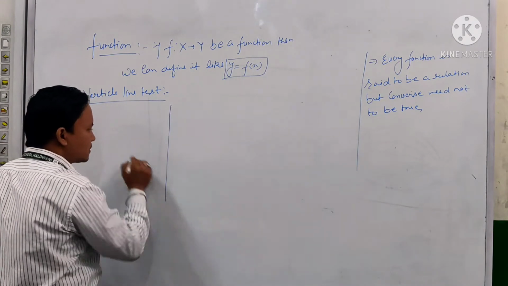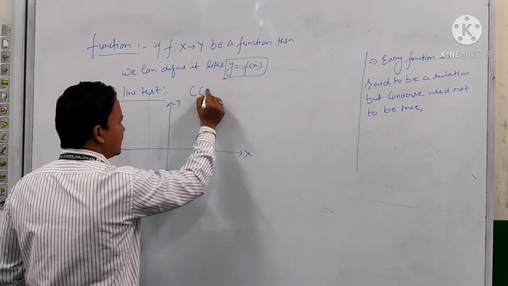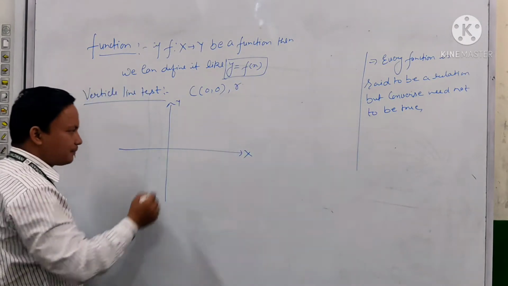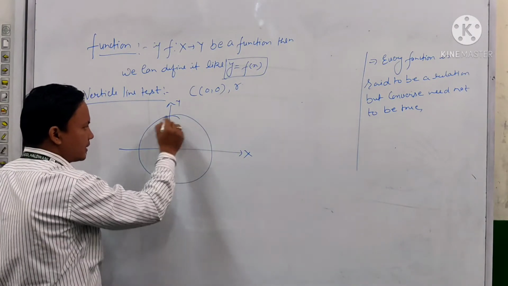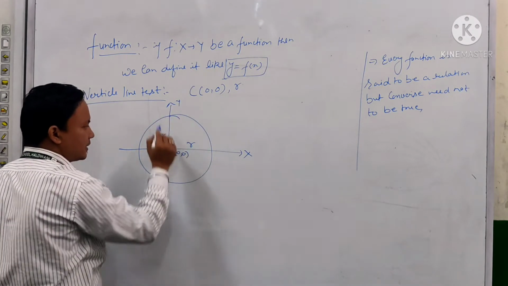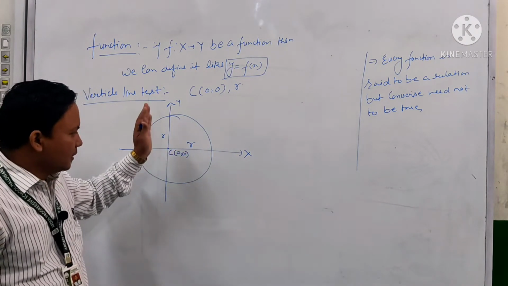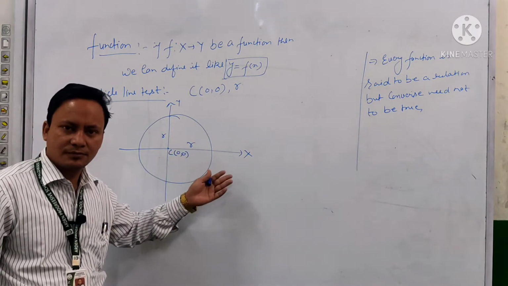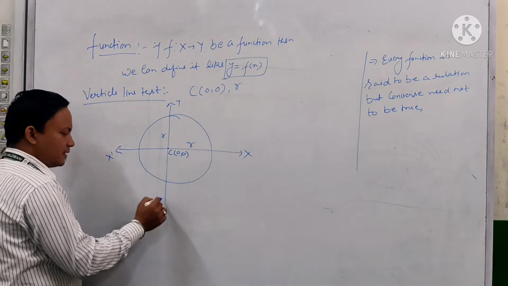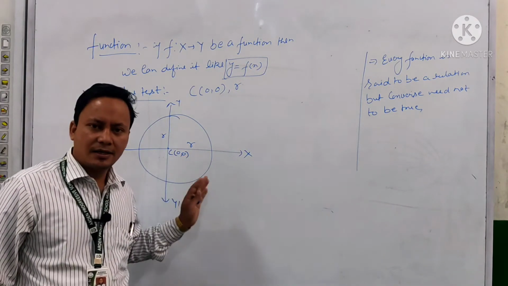Suppose we are given a circle having center at (0, 0) and radius r. So let it be a circle, and that is the center of the circle, and this is the radius. Now we have to check whether this curve, which is a circle, is a relation or a function. So now we will apply the vertical line test. What do we do in the vertical line test?